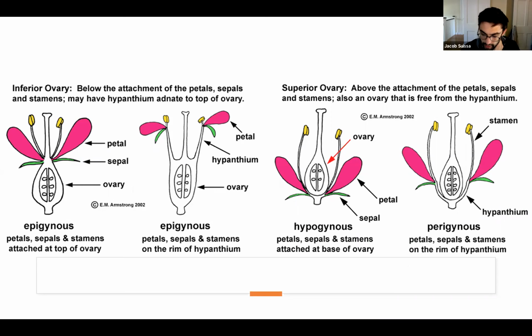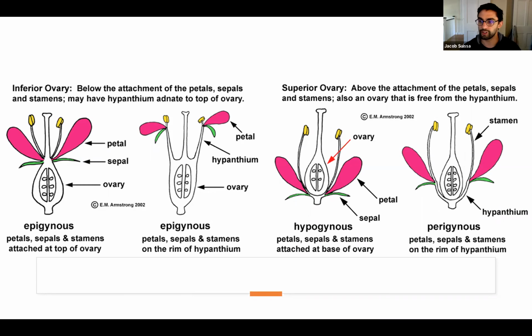So the hypanthium. The hypanthium is a really cool structure. And we don't really know how it forms, but essentially it's a fusion, and it occurs in many different lineages. It's really prevalent in the Rosaceae, the rose family.